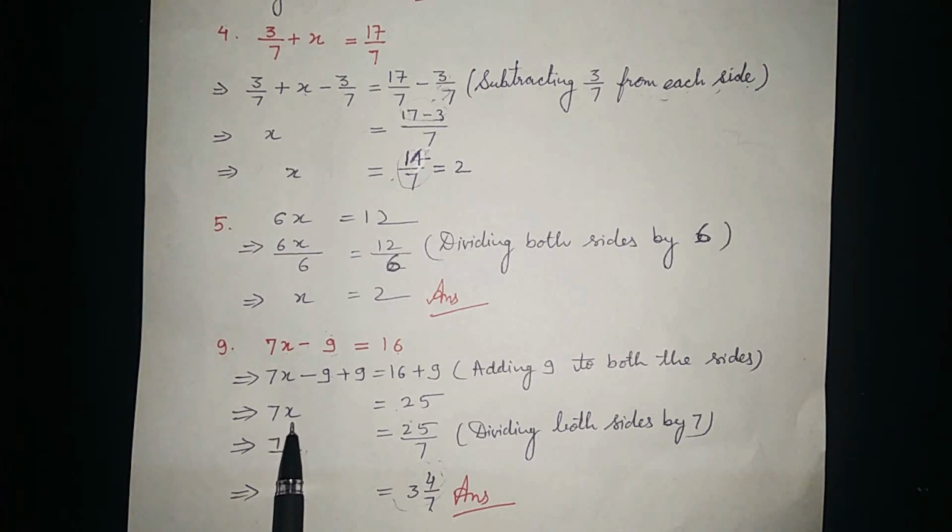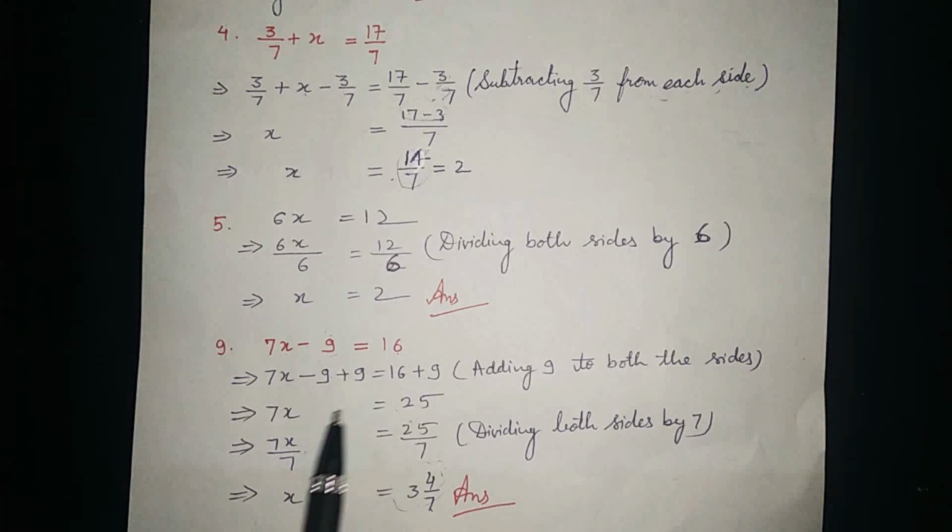So we will divide both the sides by 7. So 7x divided by 7, and on right hand side 25 divided by 7. 7 and 7 you can cancel. Here x equals 25 upon 7, and in mixed fraction if we write, then our answer will be 3 whole 4 upon 7.